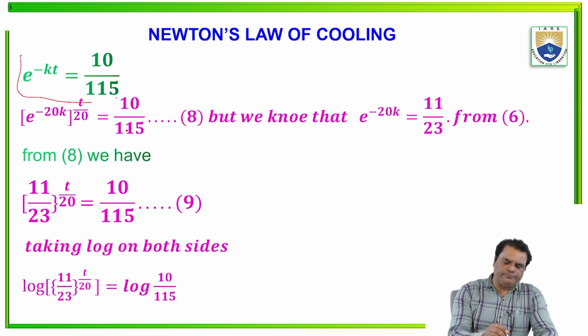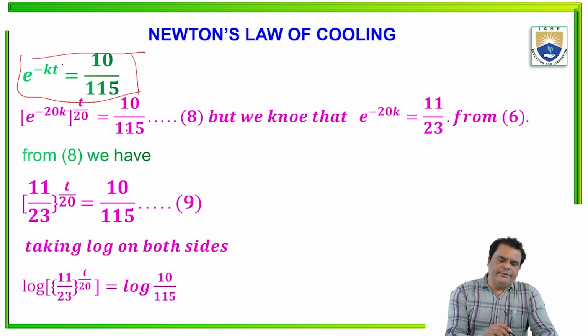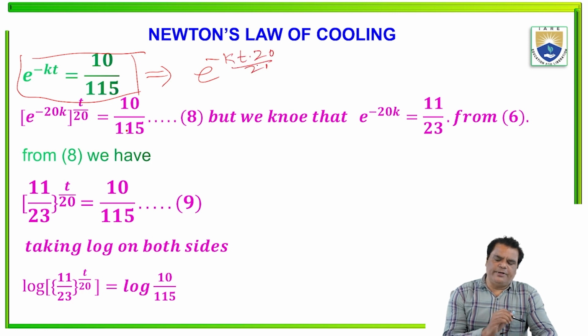Now, we can write e to the power minus kt, multiplying by 20 and dividing by 20, equal to 10 upon 115.